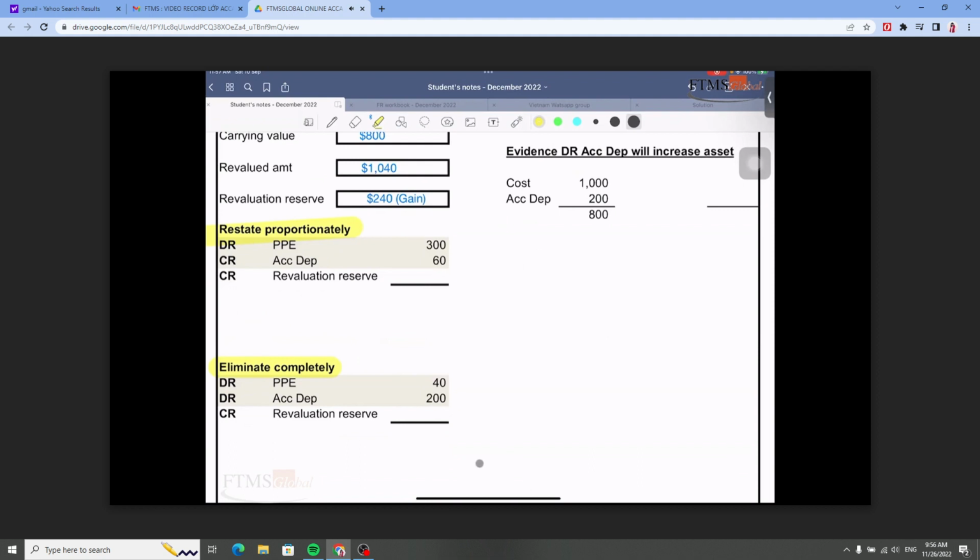Your credit RR definitely must be this amount, 240. I think you know how to get this credit RR 240. My task is to show you how I obtain this debit PPE and credit your accumulated depreciation 60. How to get this? I'll show you here.